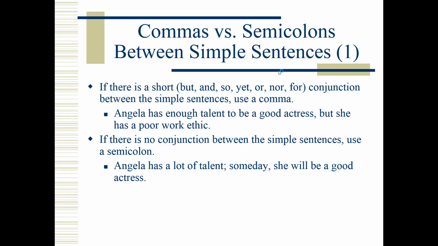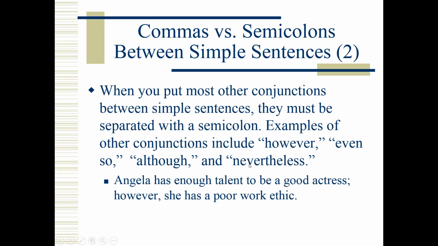So again, when one of those conjunctions is between the independent clauses, we put a comma before that conjunction. However, as you see here, when there's no conjunction at all between the independent clauses, as in the latter example here, or when there's essentially any other conjunction between them, then you would revert to what we would usually do.